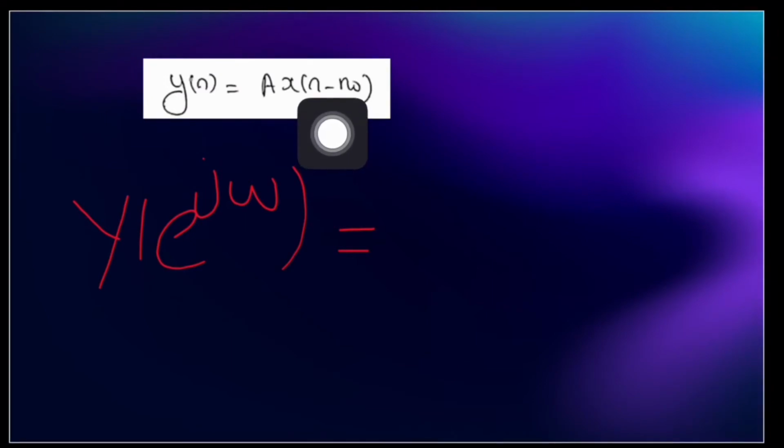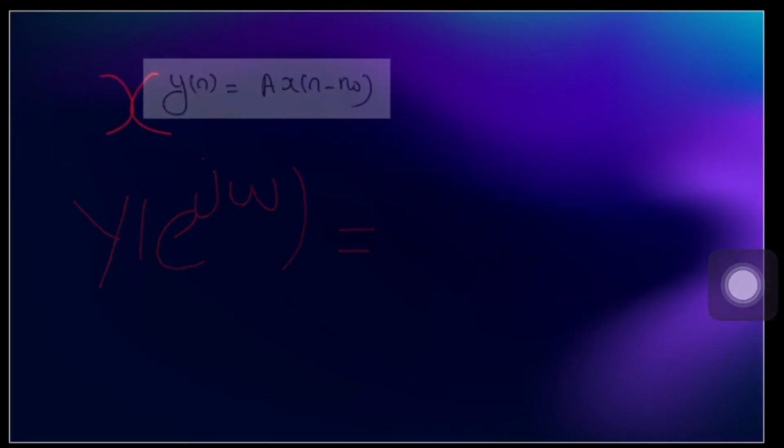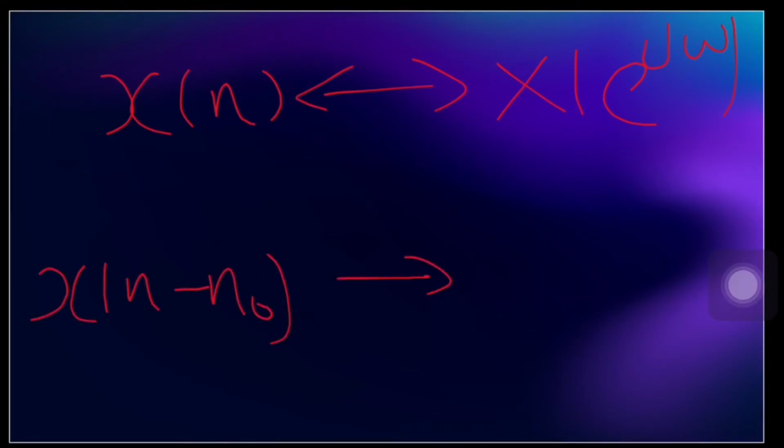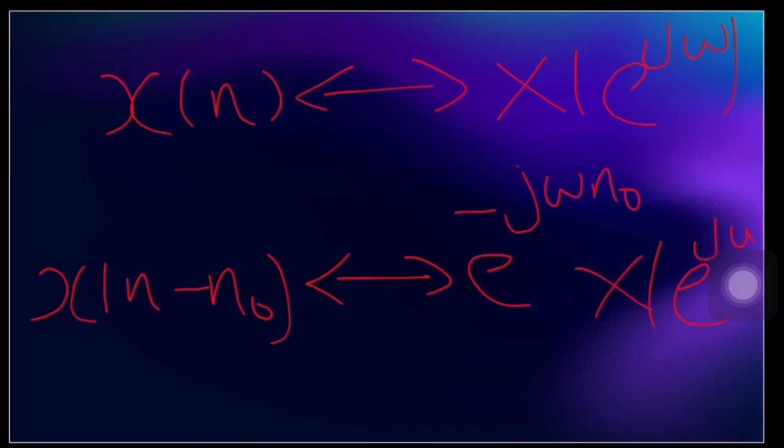How can we find the Fourier transform of x of n minus n0? For determining it, we are going to use the time shifting property of the Fourier transform. Now have a look at the time shifting property. If the Fourier transform of x of n is X of e raised to j omega, then the Fourier transform of x of n minus n0 is e raised to minus j omega n0 times X of e raised to j omega, where n0 is a constant.